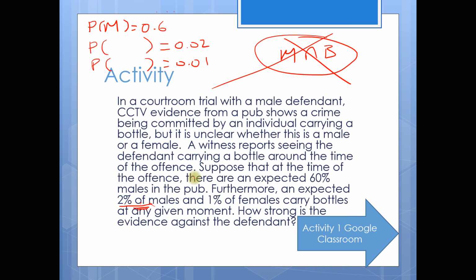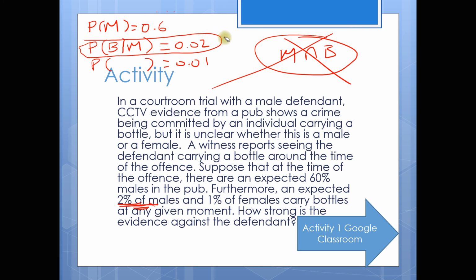And that segment is male, so it is among male. In other words, you are referring to a reduced sample space which is given male, and then you are evaluating the probability that the person is carrying a bottle. So this information, 2% of males carry a bottle, is written like this in terms of probability.